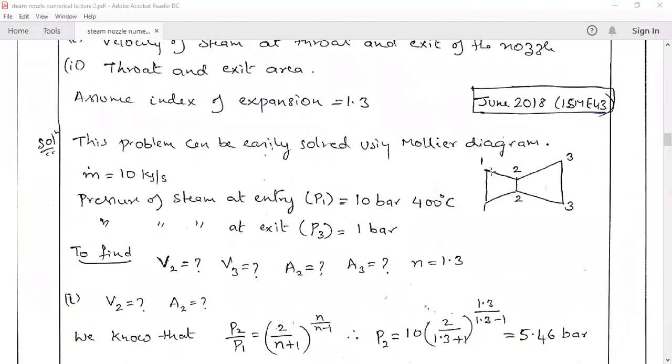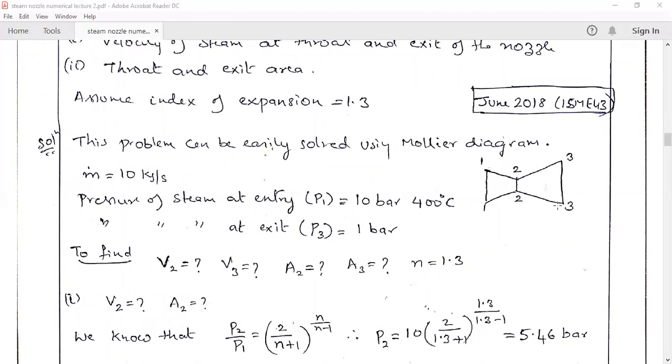Now the sketch is given here. 1 is the nozzle entry region, 2 is the throat region, and 3 is the convergent divergent nozzle exit. Given data: pressure of the steam at entry is 10 bar and 400 degrees centigrade, and at exit, that means at 3, it is 1 bar.